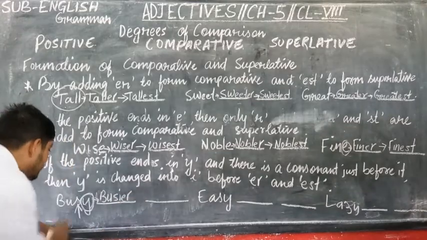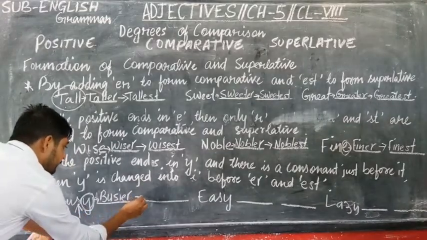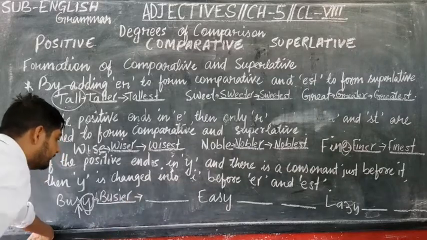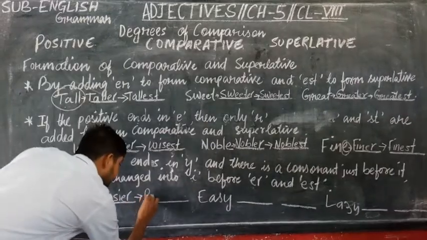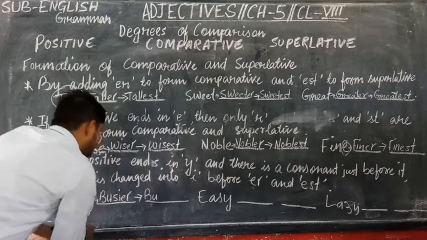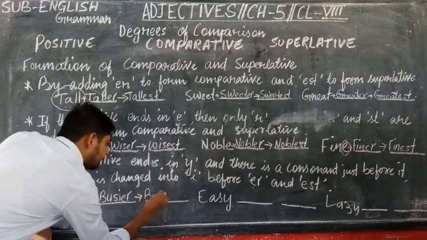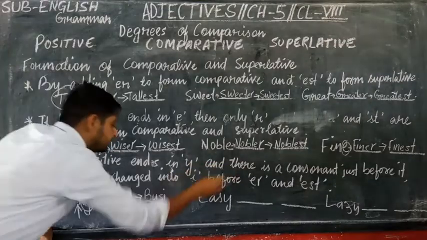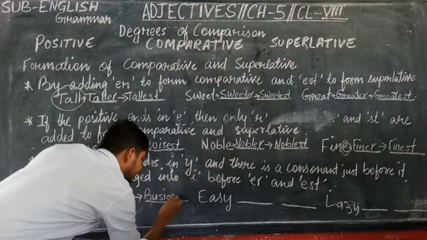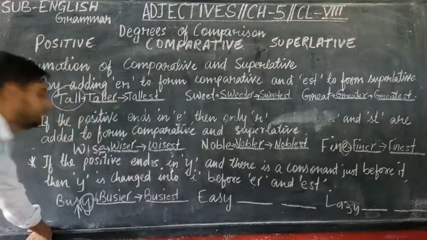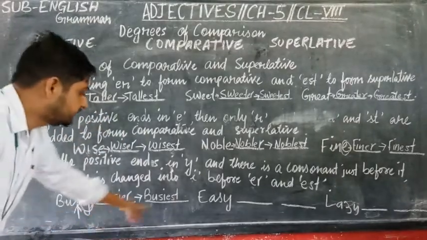Now busy, busier. To make the superlative, same thing here also. We will remove this Y, write I, then use EST. Now this is the superlative. Busy, busier, busiest.